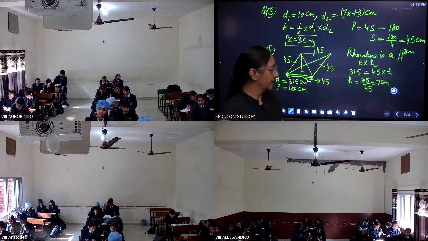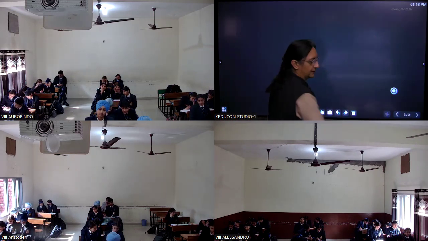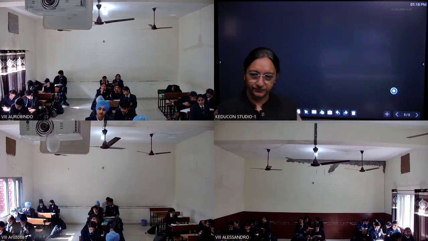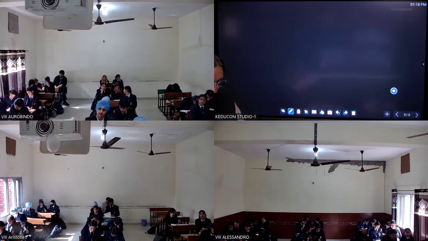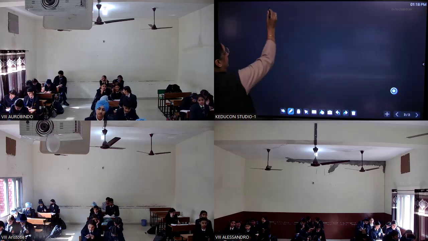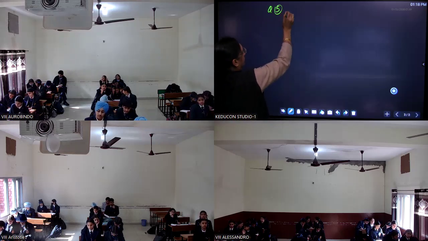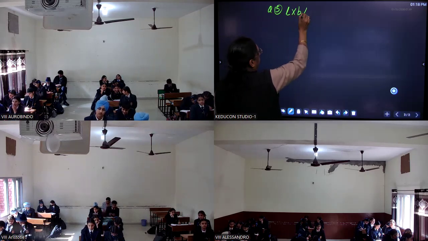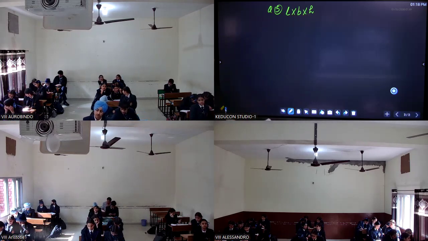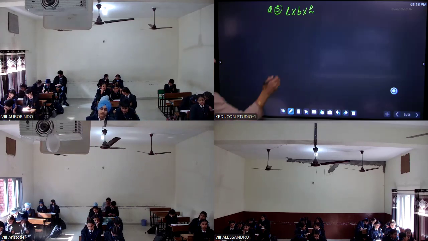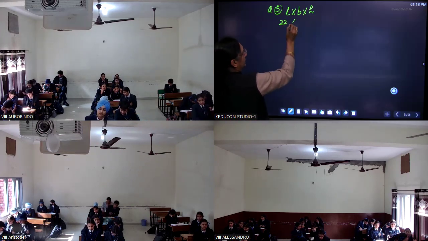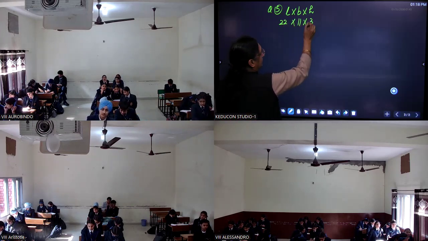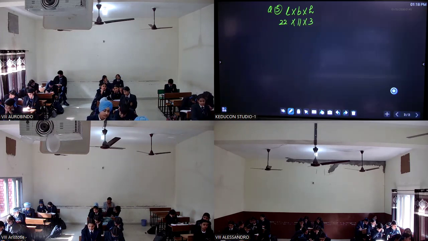When you are wrapping a book with a cover, what is given? First of all, the L, B, H is given to you, that you can write. Dimensions are given to you. You can write down 22 into 11 into 3. Okay, centimeters are with you.